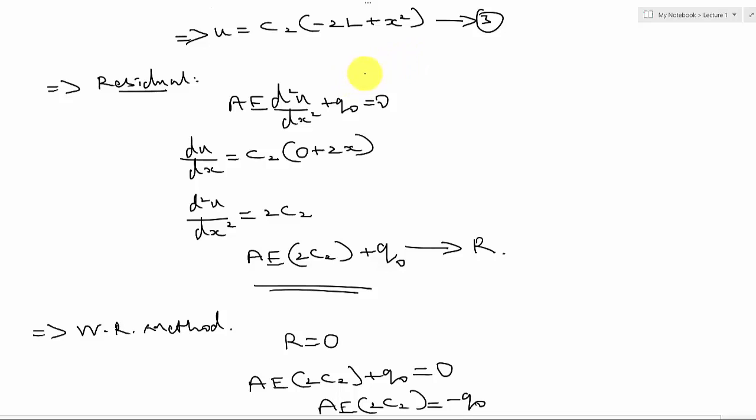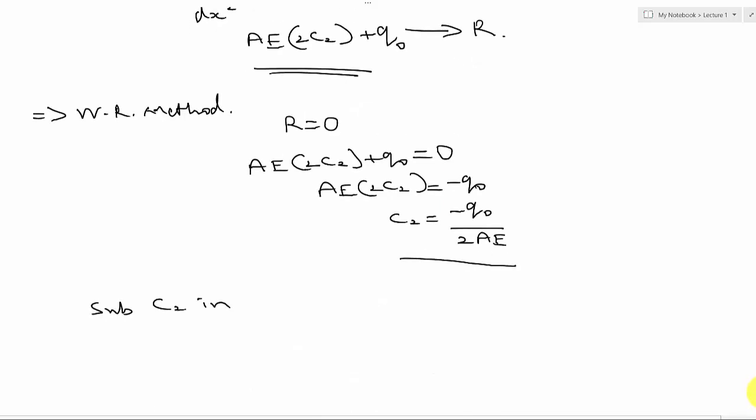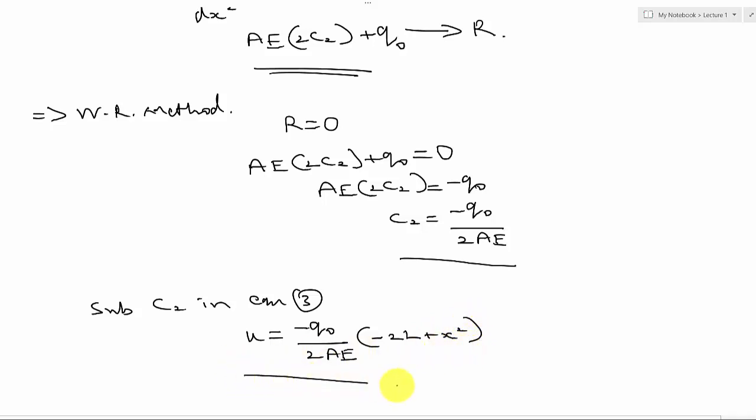So I'm going to substitute the value of c2 in equation number 3. u is equal to minus q naught divided by 2AE times minus 2L plus x square. So this is going to be my final solution.